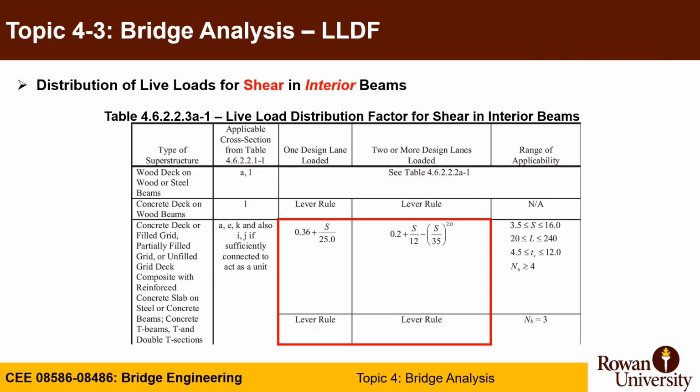There is also a table to calculate the distribution of live load for shear, interior girders. Very simple equation. One lane loaded, use 0.36 plus spacing over 25. Two or more design lanes loaded, use 0.2 plus S over 12 minus (S over 35) to the power of 2.